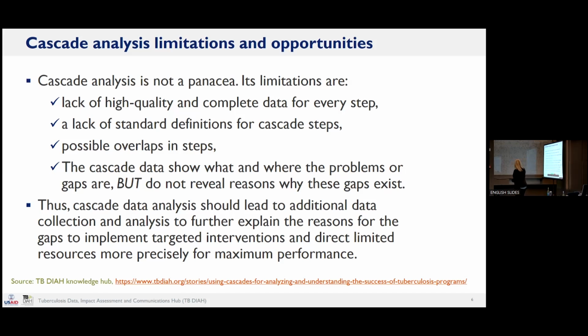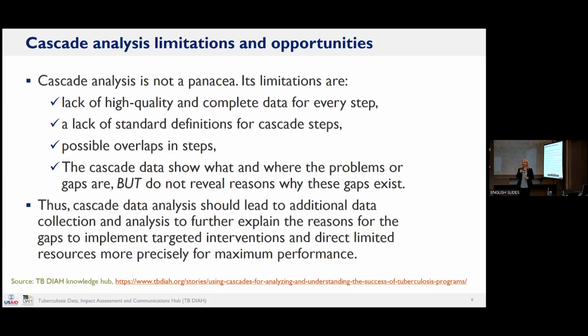I mean that one of the limitations is the lack of high quality and complete data for every step. So what does it depend on? It depends on the quality of data. So if the data is of low quality, and if we make a very nice looking diagram, then it still will be, pardon my French, bullshit. It will not reflect the truth.